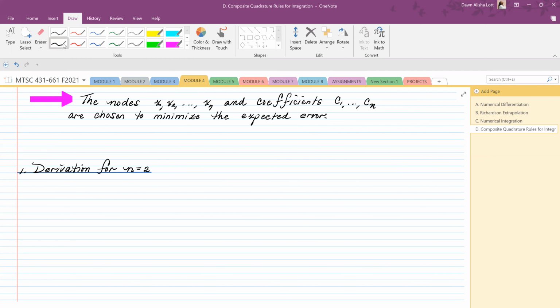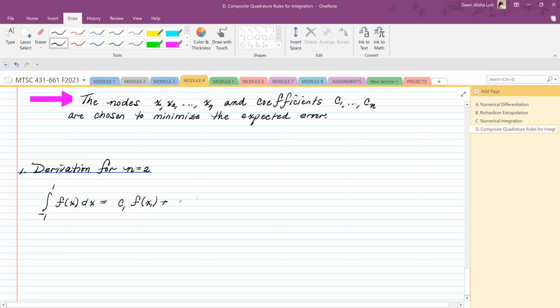I really like this. So we're going to do the integral from -1 to 1 of f of x dx, which is going to be C1 f of x1 plus C2 f of x2.